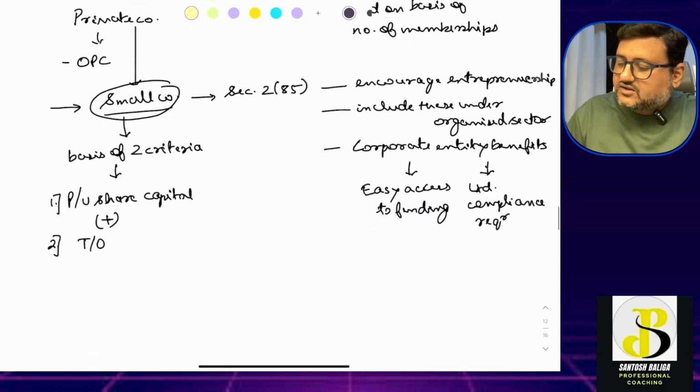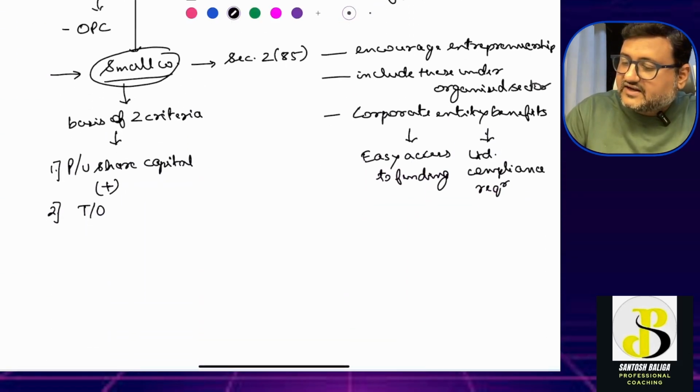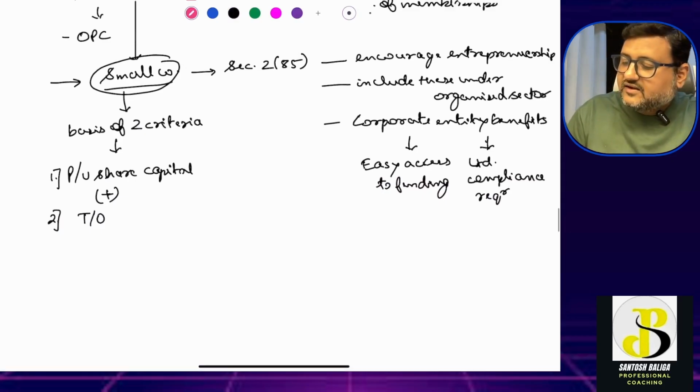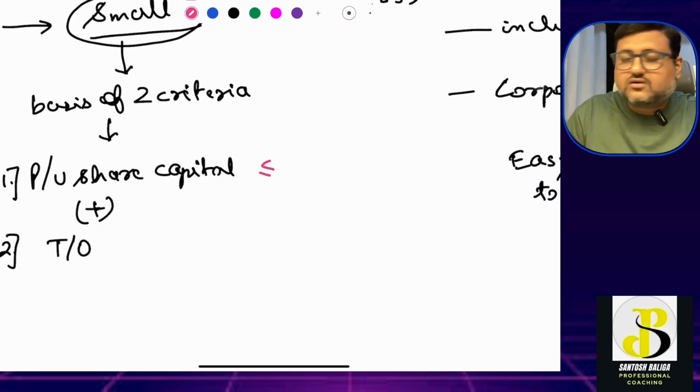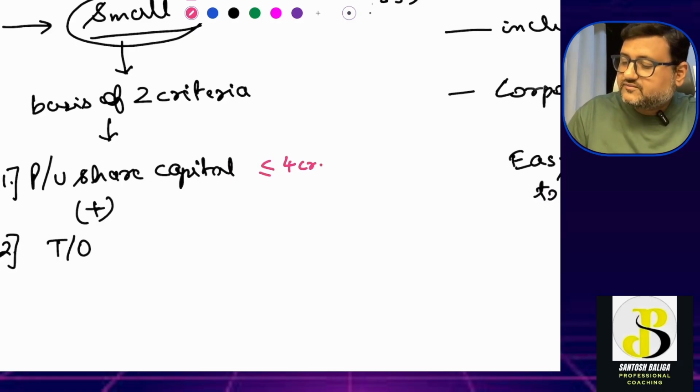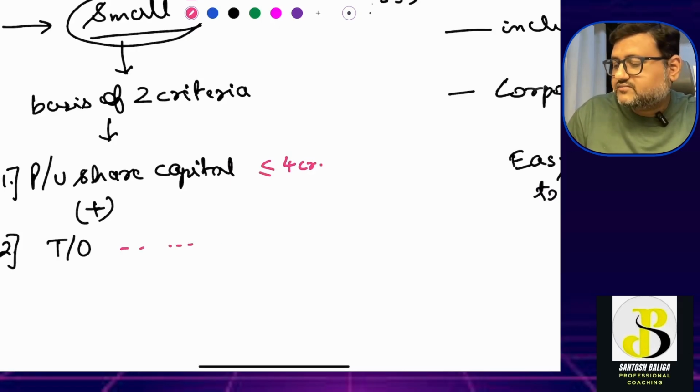So coming back to the criteria, what does the criteria say? Criteria says that paid up share capital shall be equal to or less than 4 crore rupees and turnover shall be equal to or less than 40 crore rupees.